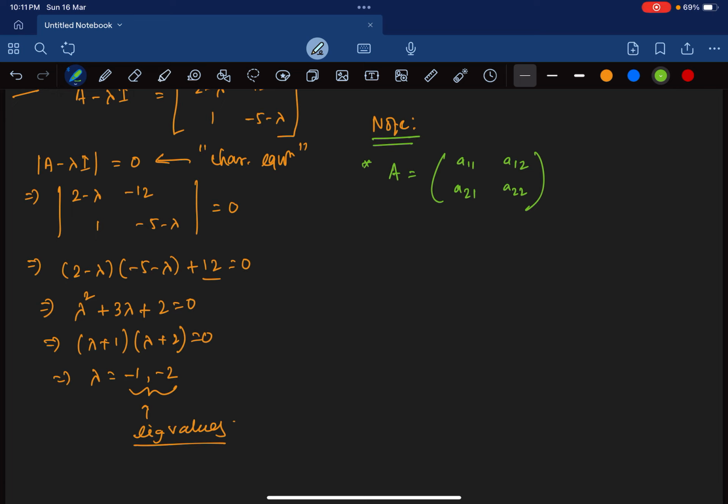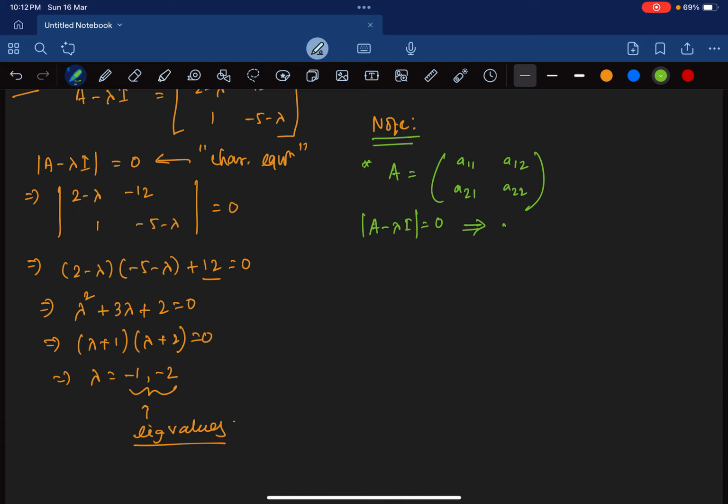In that case the characteristic equation, as you already know, is given by determinant of A minus lambda I equal to 0, and from there you get an equation in lambda.